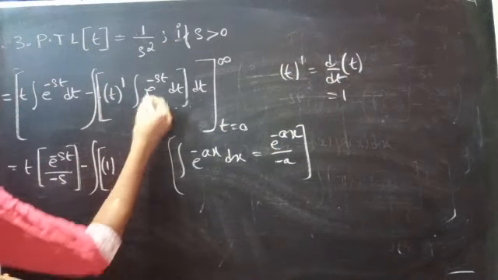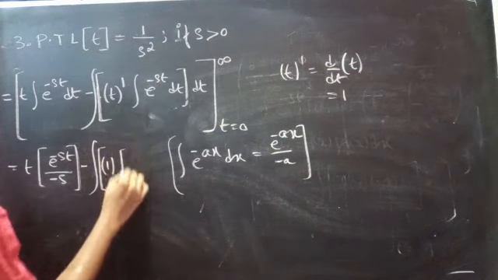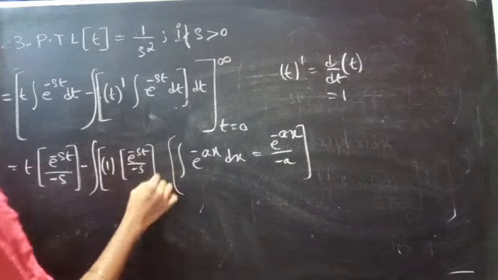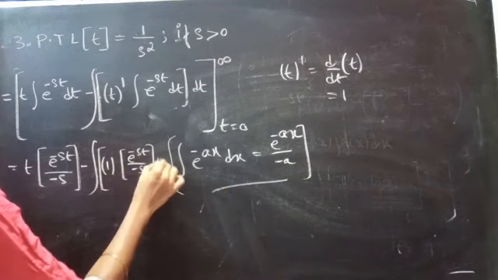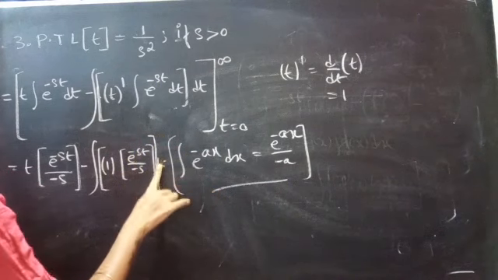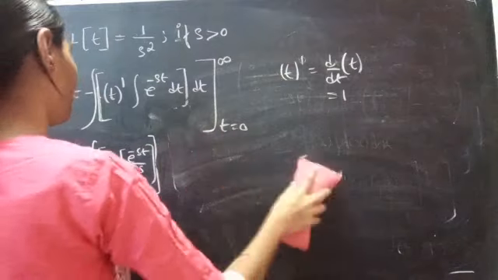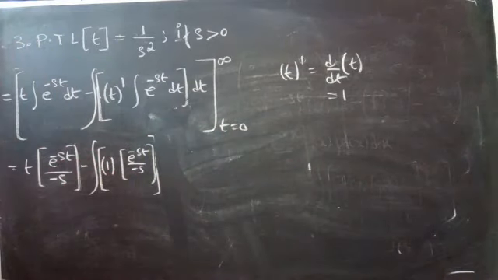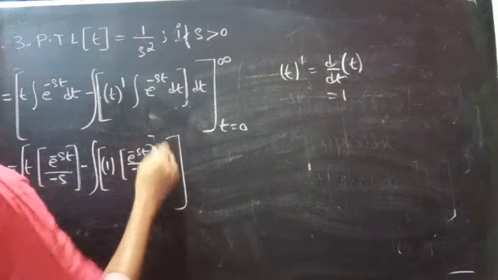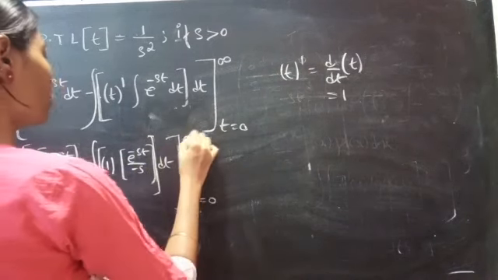Now the integral of e power minus st is e power minus st by minus s, using this formula, into dt, for the limits t equals 0 to infinity.